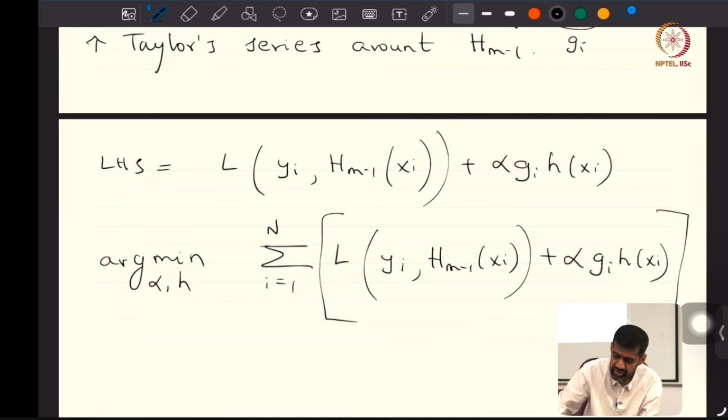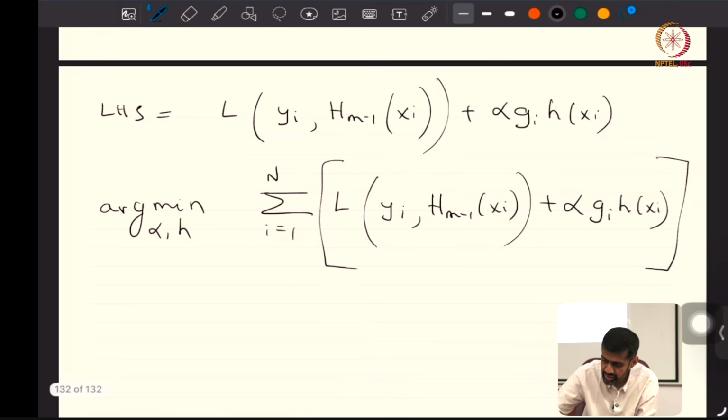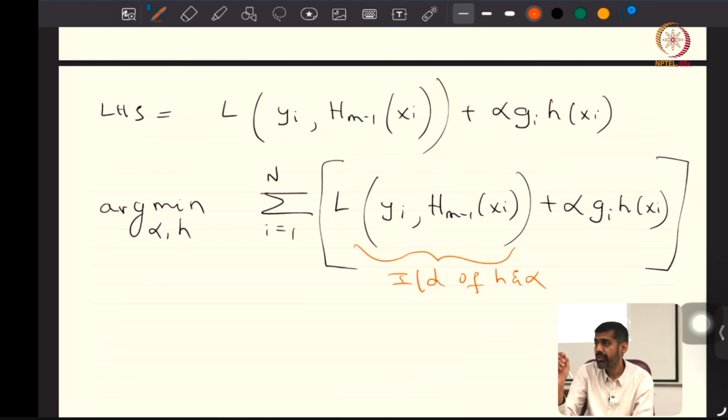Okay. So, here the first term is independent of the optimization variable, because this is the loss that we are computing on the ensemble that we have obtained till the m minus 1 iteration. We already know what this is because we are standing at the mth iteration. This is all right.